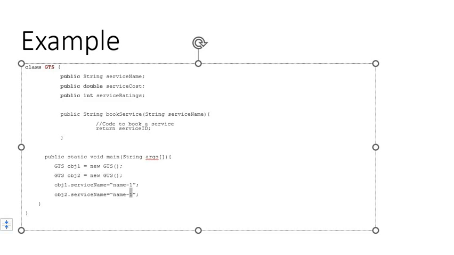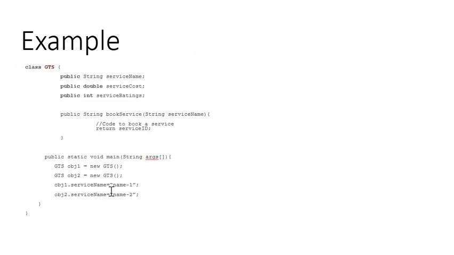Now inside the JVM, these two objects will reside independently. They won't impact each other. So these types of variables are called instance variables.